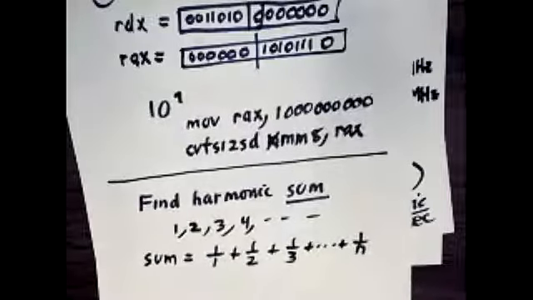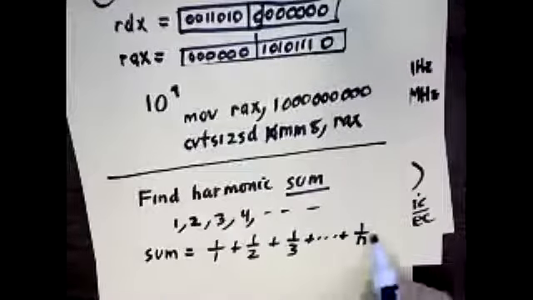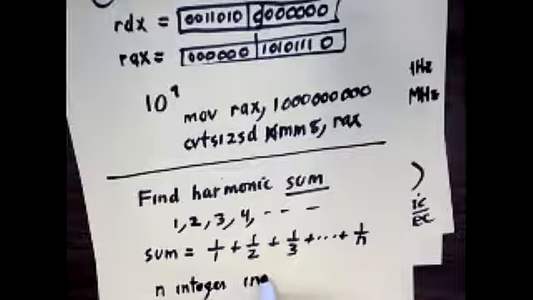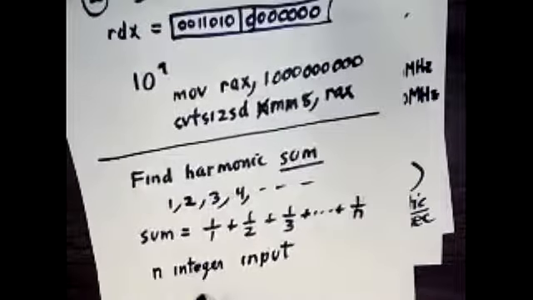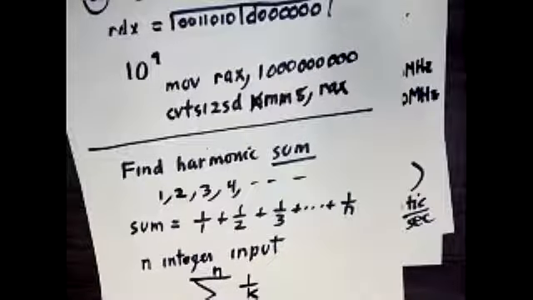And what we want to do is that there's an input of n from the keyboard, n an integer, and then you compute this sum, which is mathematically written as this, and we want that number.